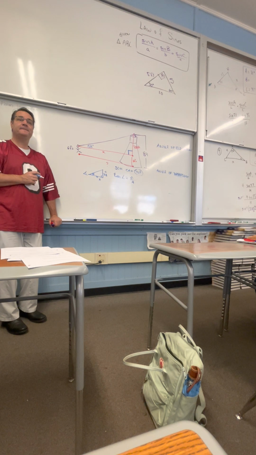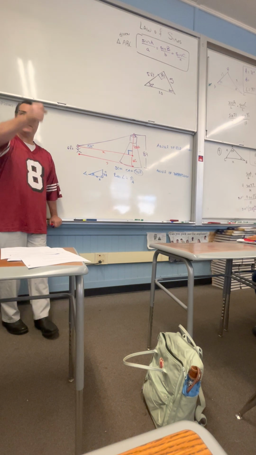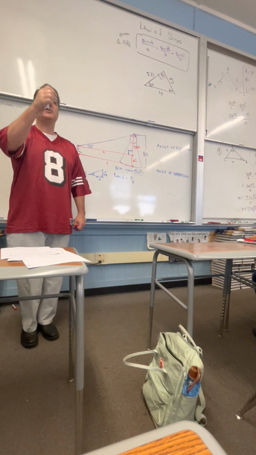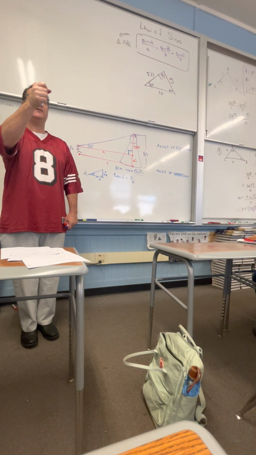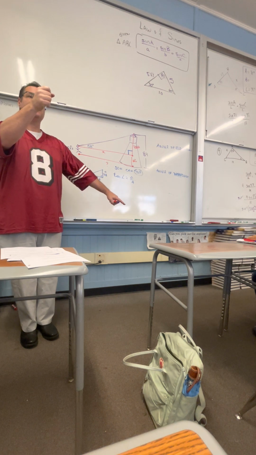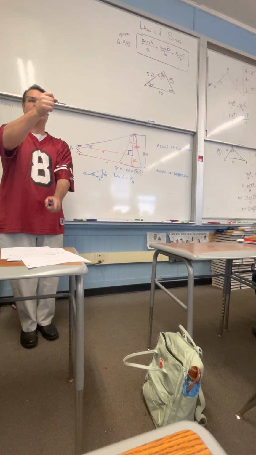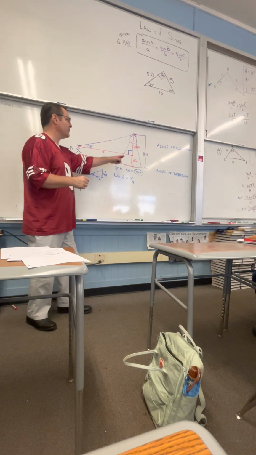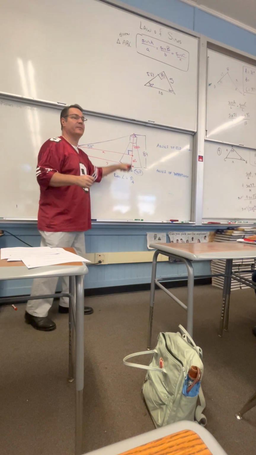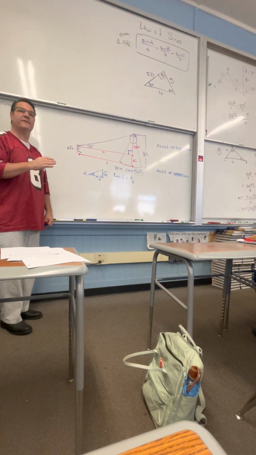Question? Yeah, how do you know that's the right angle? One of the assumptions you're going to have to make on most of these problems, when they talk about the height of something, is that the way you measure the height, like how high my hand is off the ground, is not slanted down to the floor. It's always an altitude. It goes right down perpendicular to the base. So we're assuming if they're telling us the height, that it's perpendicular. Wouldn't work for the Leaning Tower of Pisa.